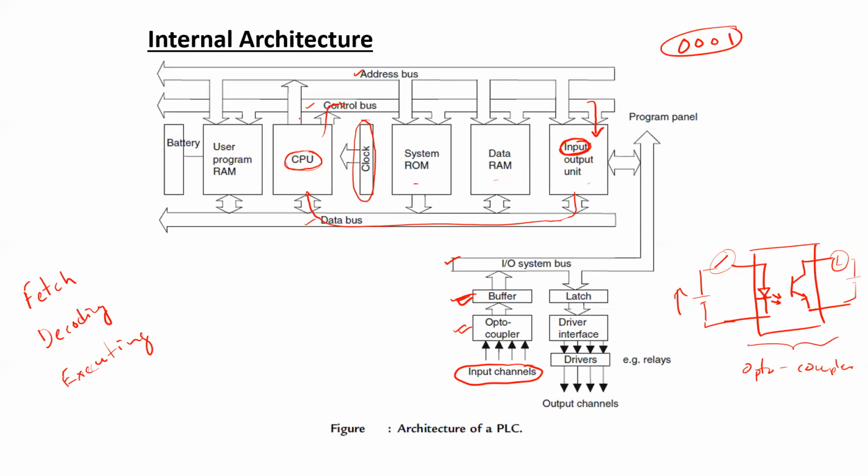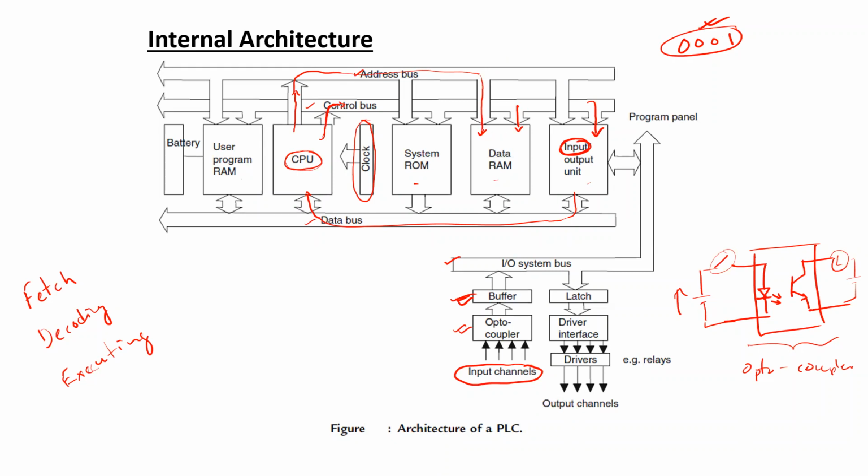So, what the CPU will do, it will indicate this particular memory location through the address bus, and it will also send a controlling signal through the control bus to the data RAM. The address at which the CPU wants to write the data is going to be designated through the address bus.